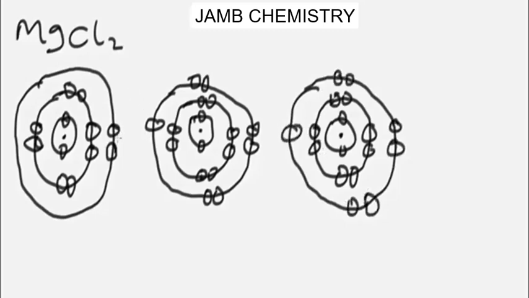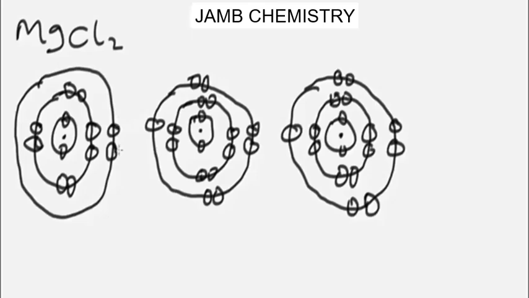Now, this magnesium atom, what will happen here basically is that it will give out these two electrons to attain stability and become an ion. These two electrons it will give out will be picked up by the chlorine atoms. Each of the atoms will gain one electron from the two electrons this magnesium atom will release.